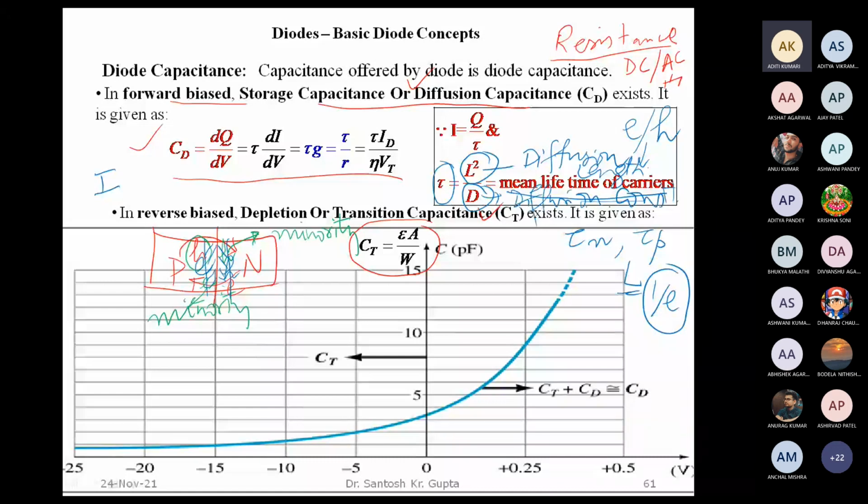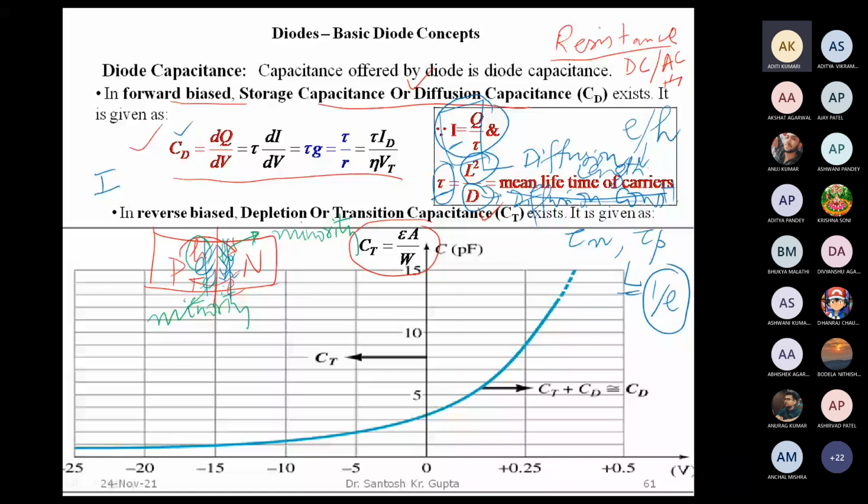So few carriers diffuse, and with this distance we can define a current equal to something like this: I is equal to q upon tau. The diffusion capacitance we can define as the rate of change of this injected charge with respect to the applied voltage, dq upon dv.